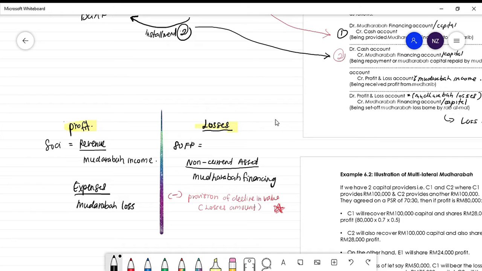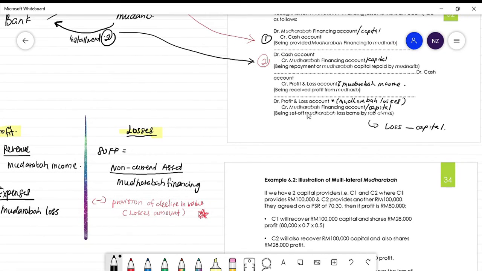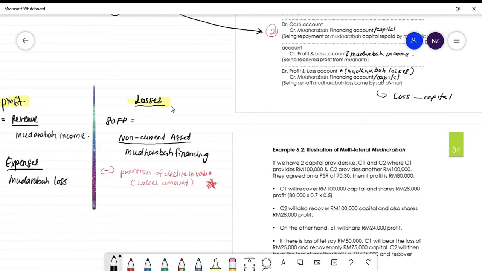So kalau tadi dalam SOFP pula kan saya cakap kena tolak kan amount loss tu. So macam mana nak tolak? Dalam macam ni lah, this is the extracted SOFP lah kiranya. So mudharabah financing tu kan kita punya non-current asset sebab dia depending lah.